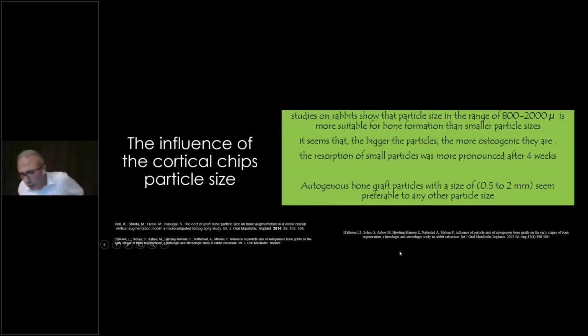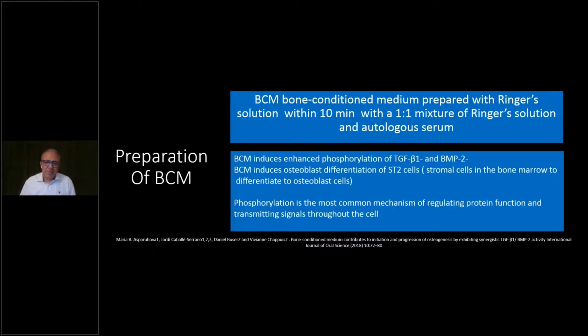One more thing: you can add some osteogenicity to your graft by putting in the serum. Serum is the serum of blood from the autogenous bone graft itself. Some people prefer to add Ringer solution to the serum 1:1, and they call this BCM, the bone conditioned medium.